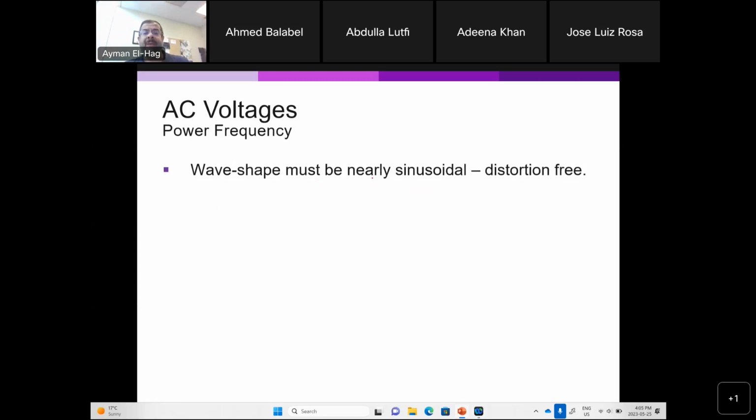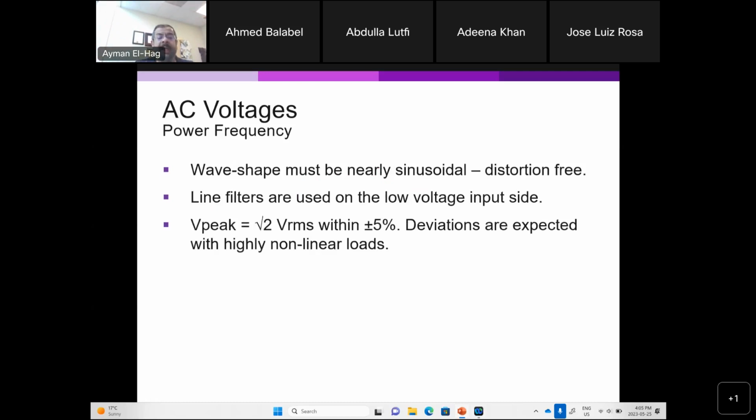Basically, the wave shape has to be very much sinusoidal, with almost no distortion in the signal. For that, we use line filters to remove any high frequency components. The peak value of the AC supply is √2 times VRMS within plus or minus 5%. This is a tolerance available in the standards.